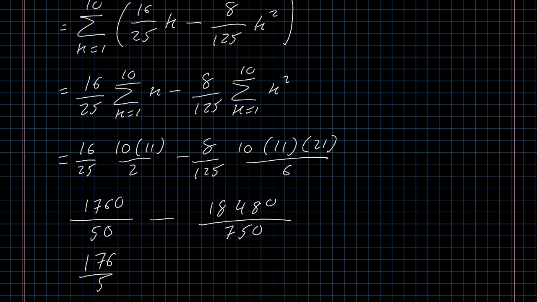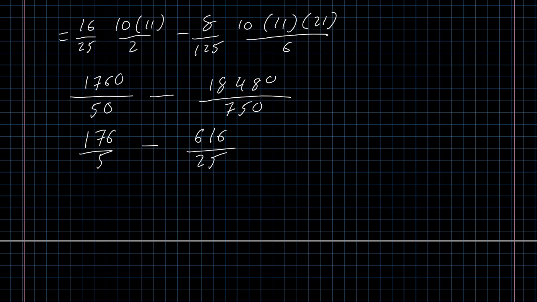Yep, that works out. And it comes out at 616 over 25. All right, multiply this first fraction top and bottom by 5. So 5 times 176 is 880 over 25. And then 880 minus 616 is 264 over 25.